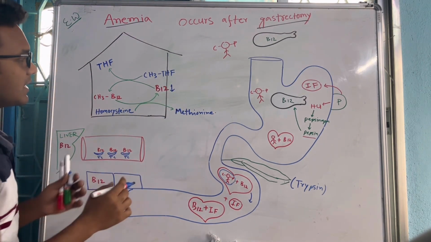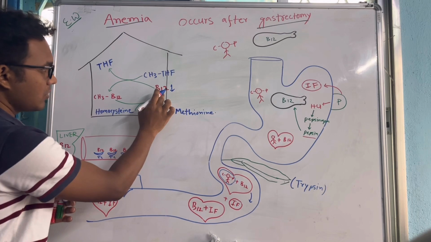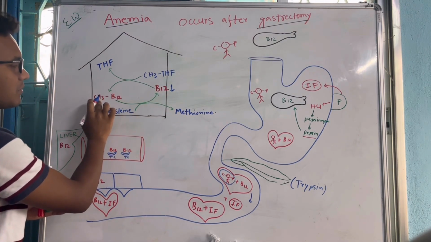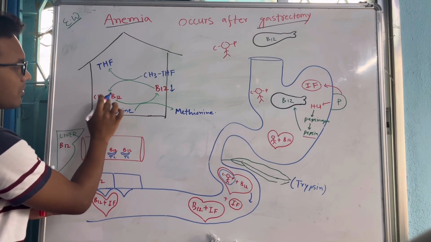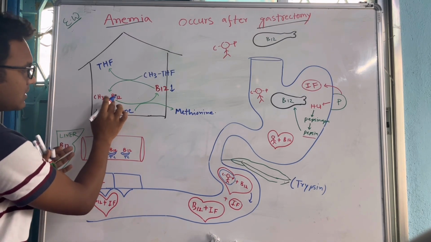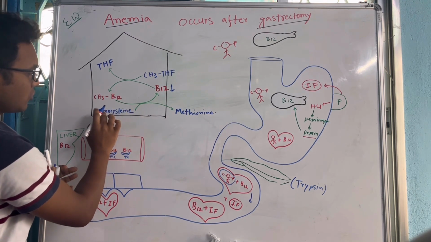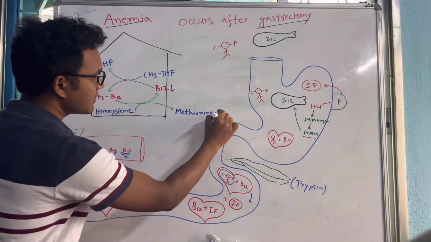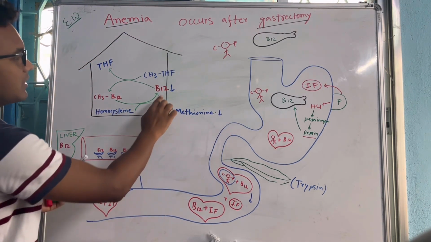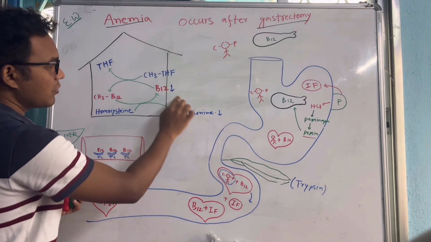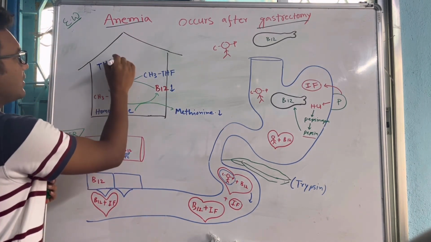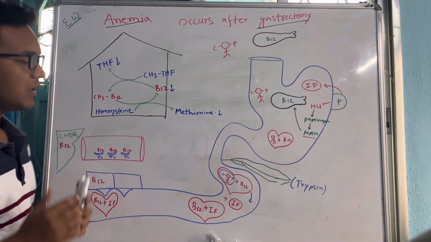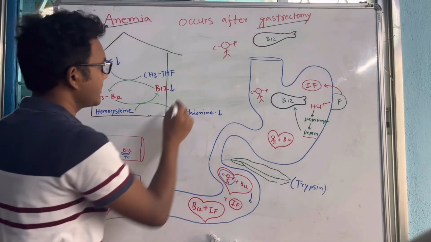If there is B12 deficiency, B12 cannot be converted to methyl B12, and if methylcobalamin cannot be synthesized, it cannot help convert homocysteine to methionine. So there will be decreased methionine. So if there is deficiency of B12, there will be deficiency of methionine and of tetrahydrofolate. Clear? Now here one question is asked, what is folate trap?